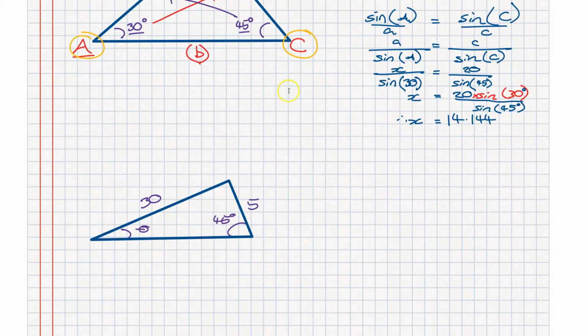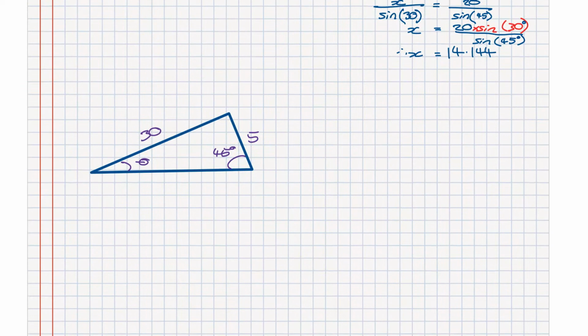Now let's go down to another example and consider we've got this triangle here, and notice that we've got the unknown angle that we're trying to find. So we can annotate this triangle. We'll call this C, we'll call this A, and we could call this B, but it's really not important because it doesn't give us any information.